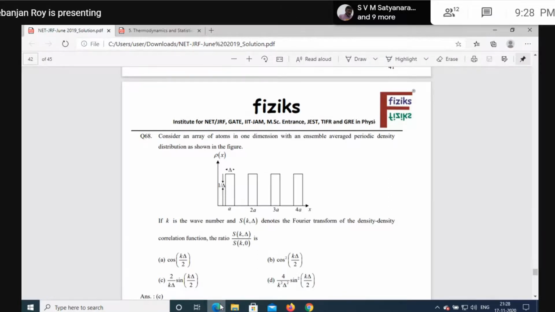Okay, I think it is easier to do this. The density correlation function means you have rho of x into rho of x plus y into dx, an integral. We call it C of y, the density correlation function.